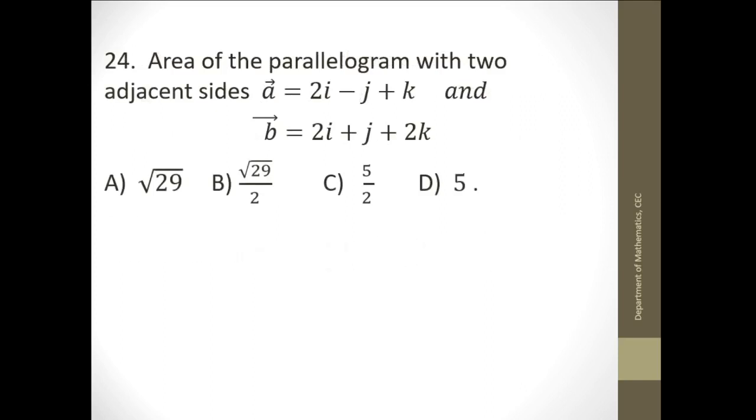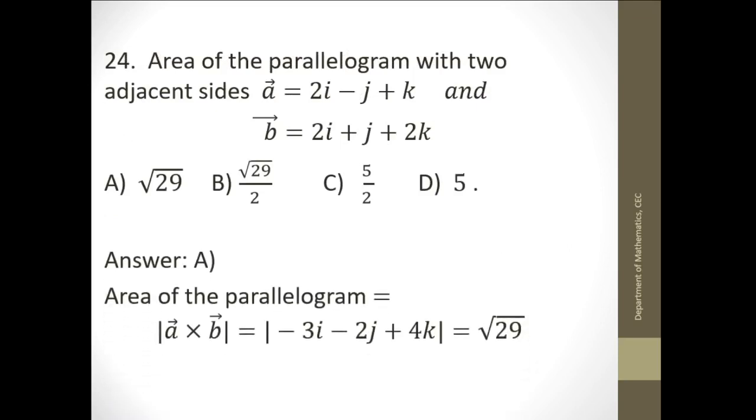Similarly, area of the parallelogram is just A cross B magnitude, no need to divide by 2. So find A cross B. A cross B is minus 3i minus 2j plus 4k, and its magnitude is square root of 3 square plus 2 square plus 4 square, so root 29.